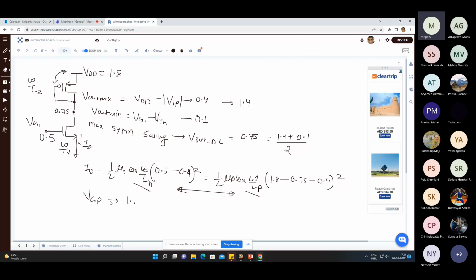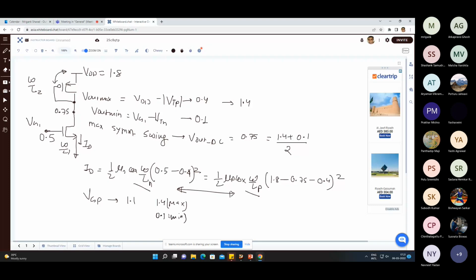Suppose by solving this equation, given W by L of N and P, mu N and mu P, you got the condition that VGP is 1.1. Now, under this condition, what is the Vout max? Vout max is anyway only 1.4. This is your Vout max, and the min is going to be 0.1.